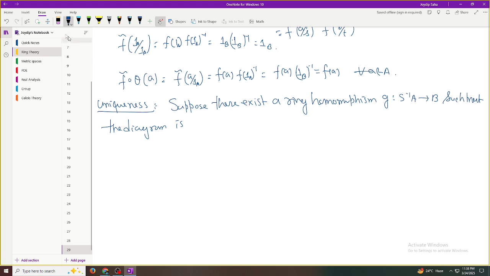What is the diagram? A to B by f, A to S inverse A by theta, and S inverse A to B by g, that is commutative.